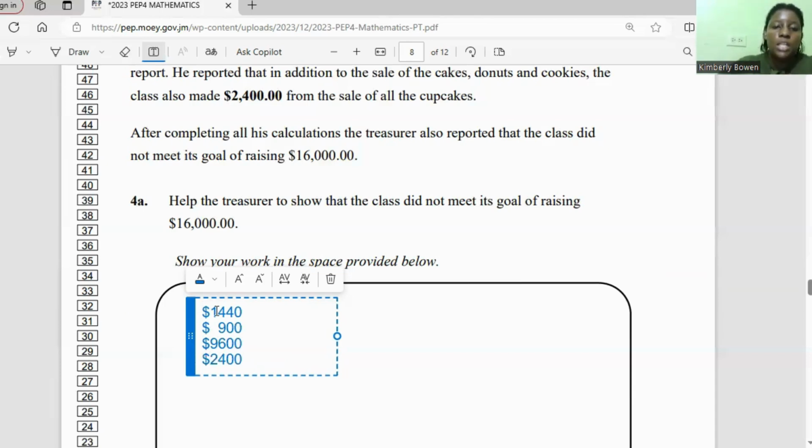So we're adding the amounts for the donuts, cookies, cake, and cupcakes. And let's see if we get 16,000.